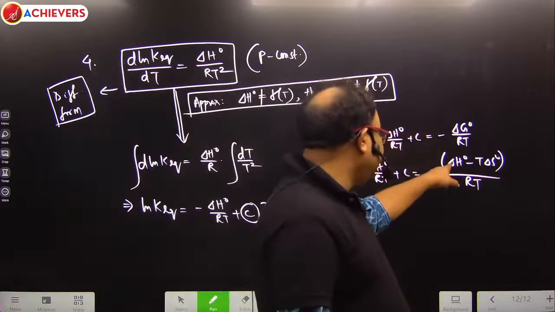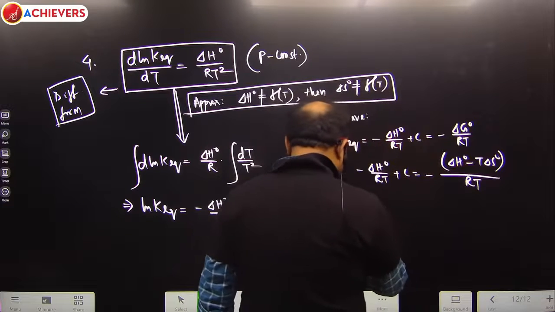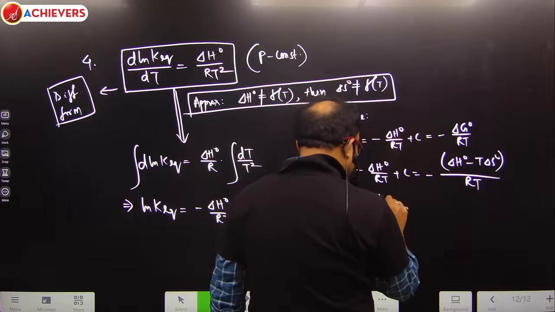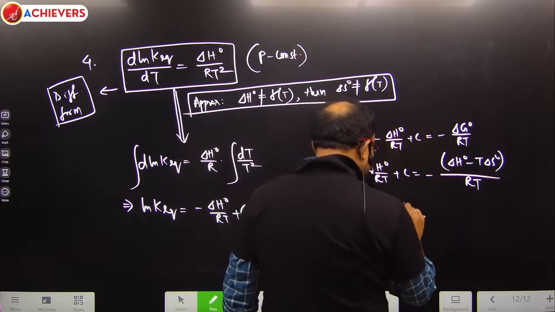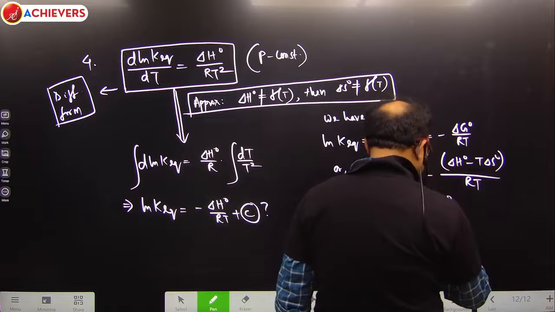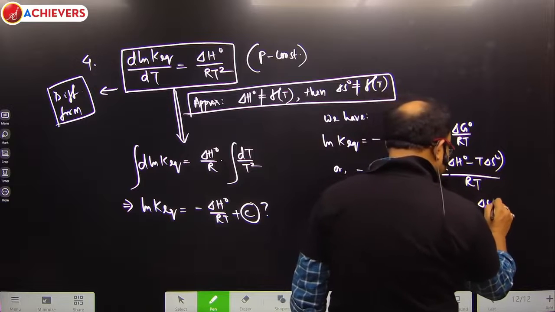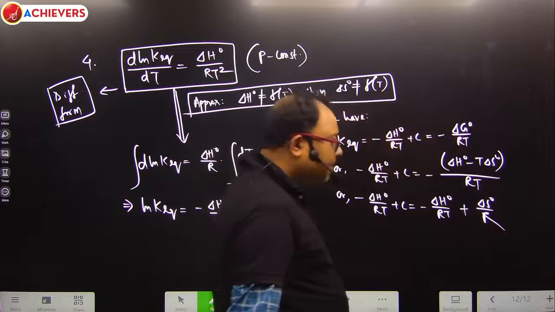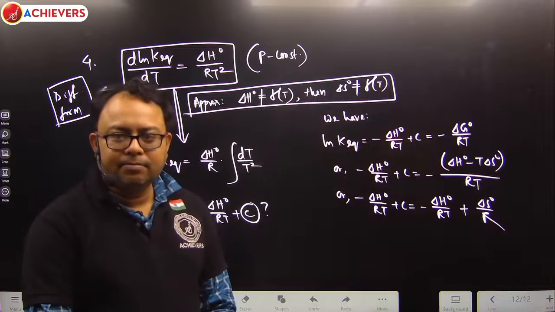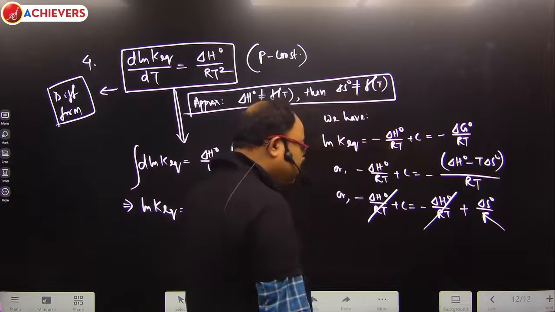So delta G naught is delta H naught minus T delta S naught, or minus delta H naught by RT plus C equal to minus delta H naught by RT plus, T will get cancelled out, delta S naught by R. So minus delta H naught by RT cancels out from both sides.